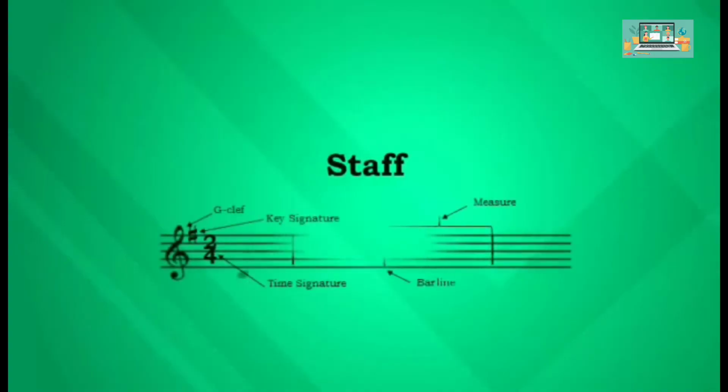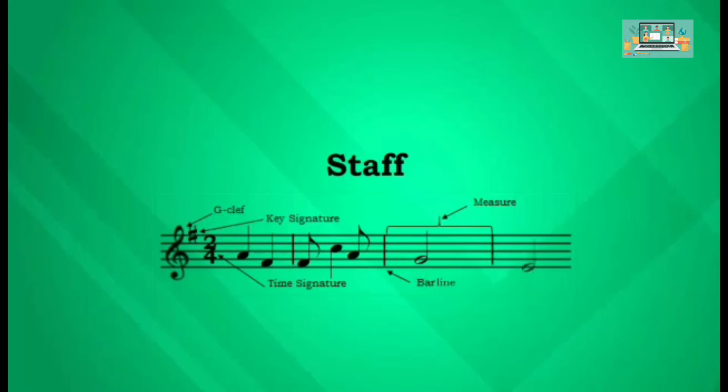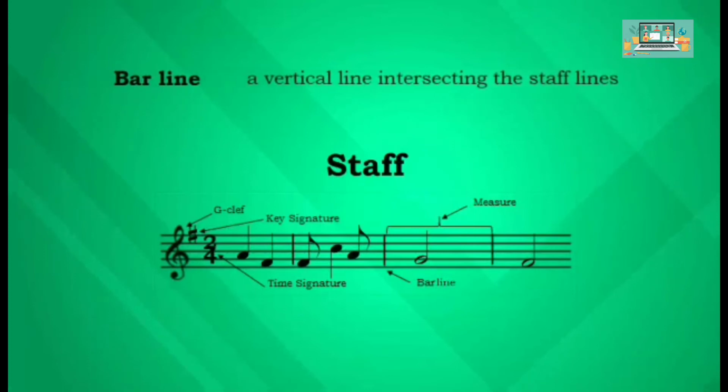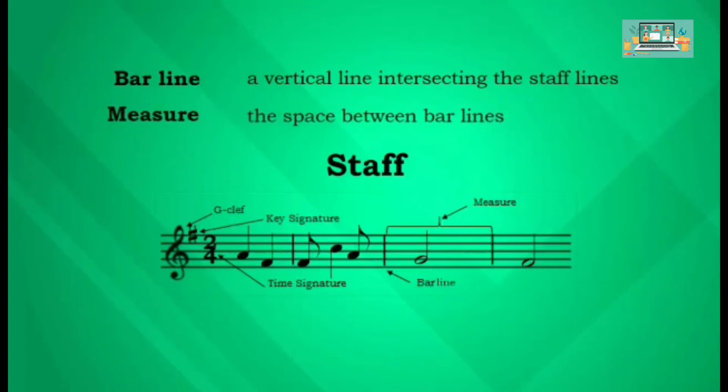In a staff, notes are arranged into measures divided by bar lines according to the time signature indicated. A bar line is a vertical line intersecting the staff lines, while measure or bar is the space between them, where you can arrange the notes and rests accordingly.